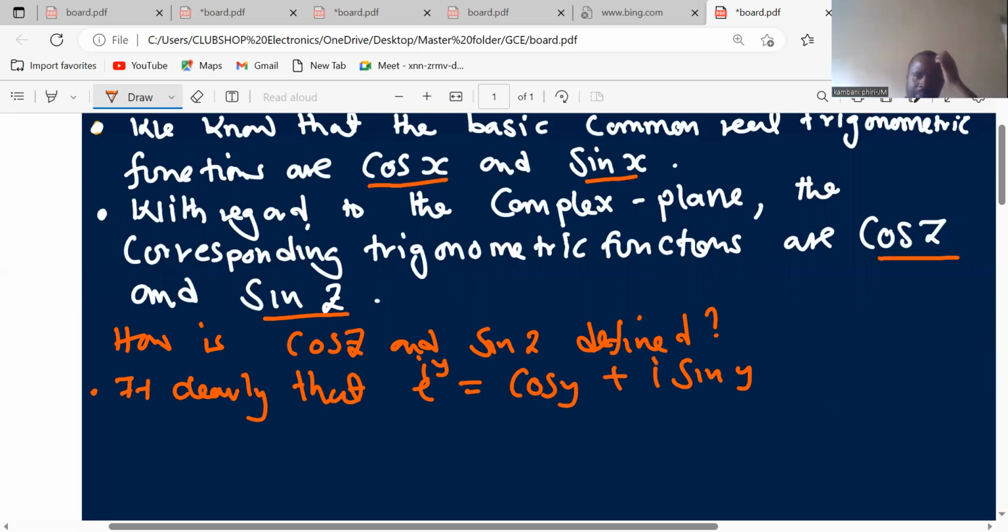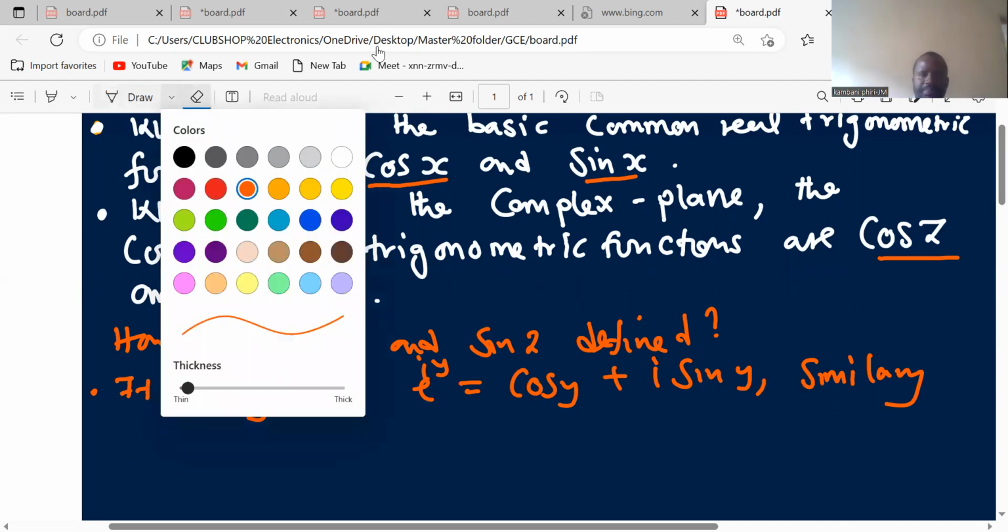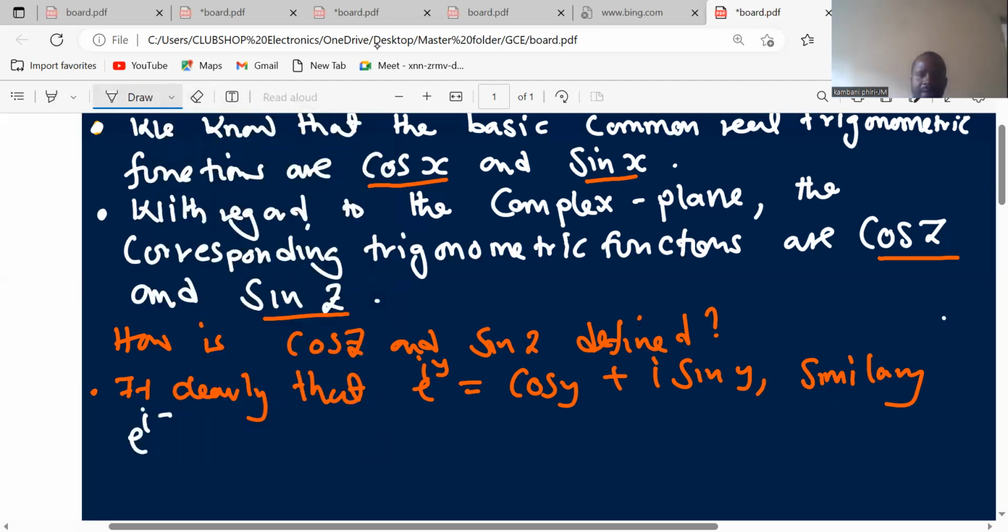Similarly, e to the iz is equal to cos z plus i sin z, right?